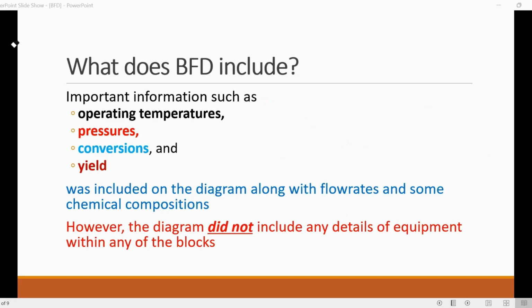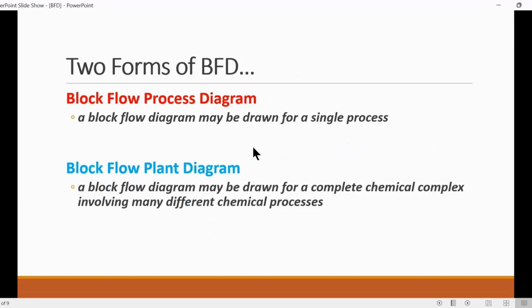Okay, done. Now let's go to the next diagram. Generally, a block flow diagram takes two forms. Number one is the block flow process diagram. If a block flow diagram is drawn for a single process, it is known as a block flow process diagram.